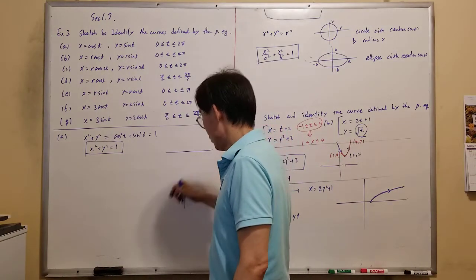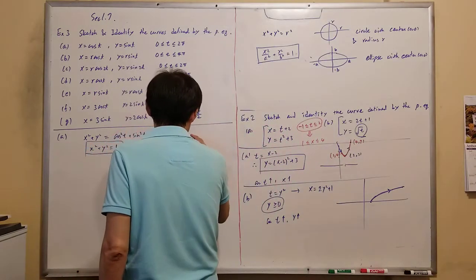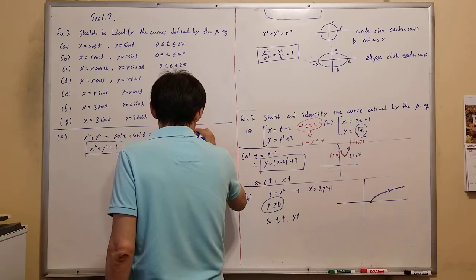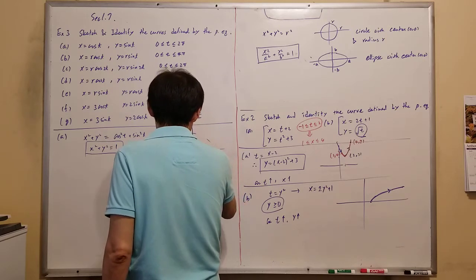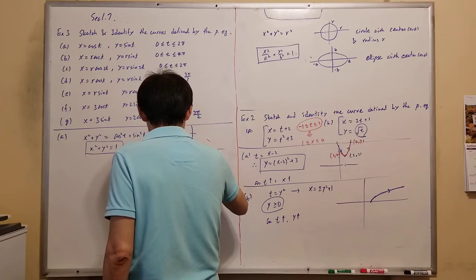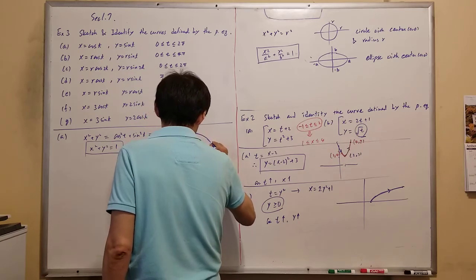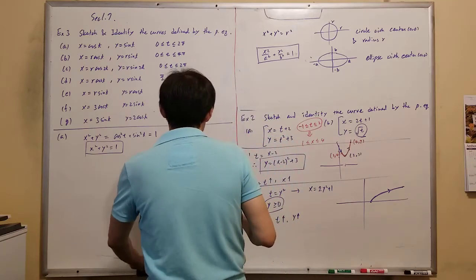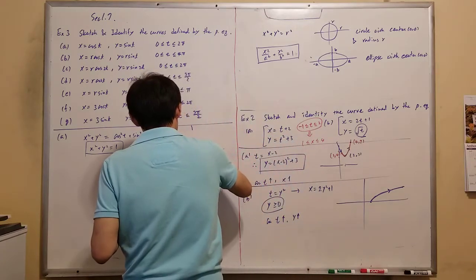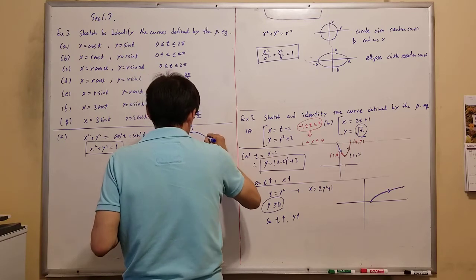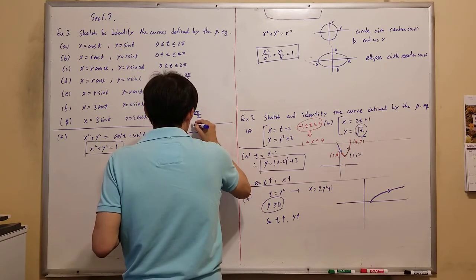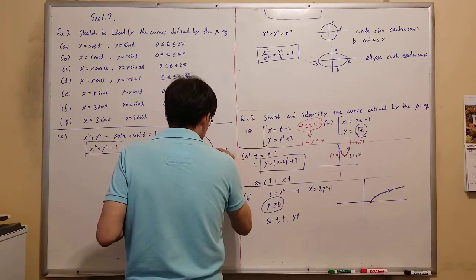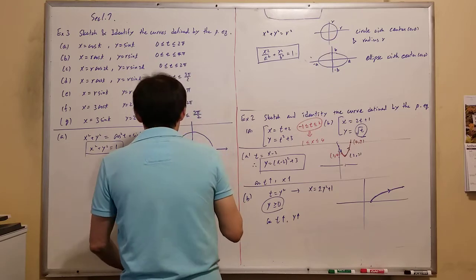Now, let's draw. What about the direction, the motion? Imagine that this is the position of a moving object. What's going to happen?